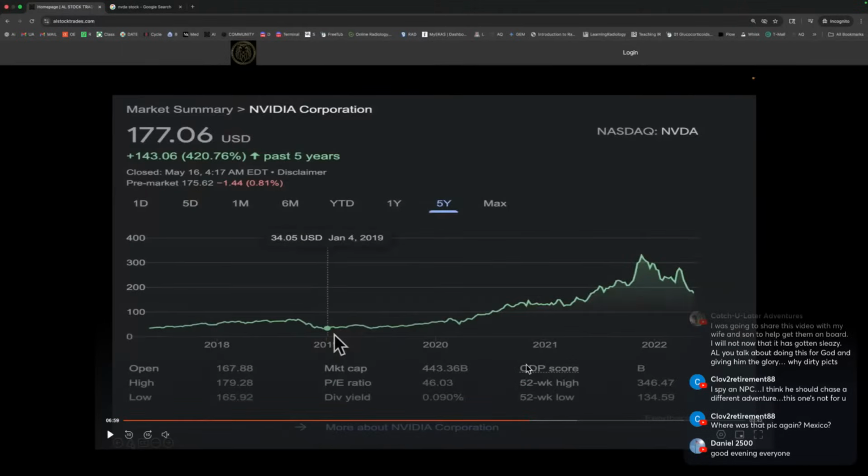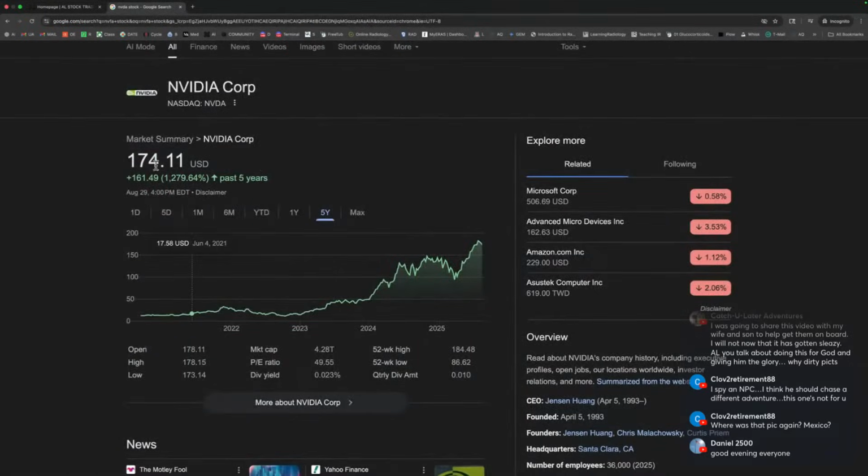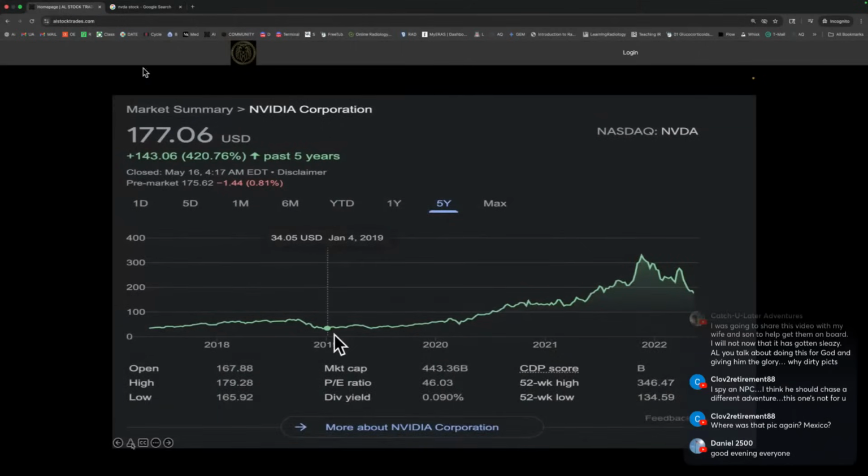A smart person would look at this and say, wait a minute, this was in 2022. And in May 16, 2022, it was $177. That doesn't make sense because right now it's 174 and now it's 177.